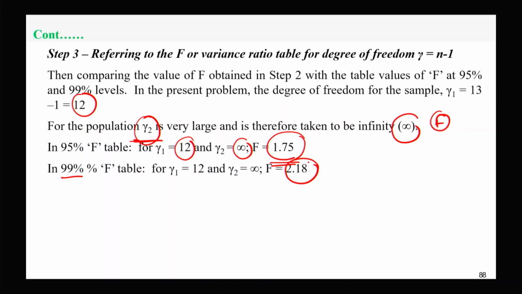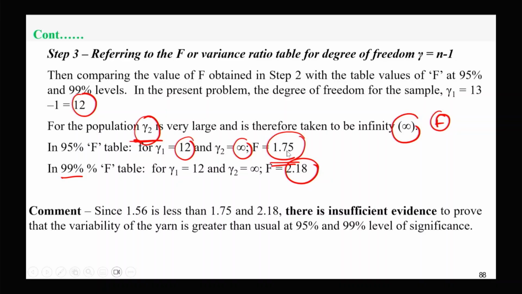And what we can see is that 1.56, the F value we have got, is less than 1.75 and 2.18.